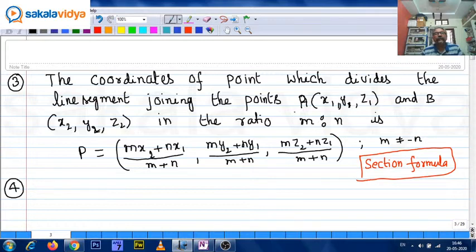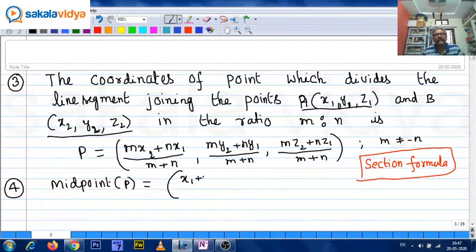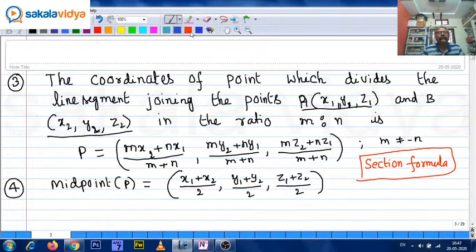The midpoint of the line segment joining the points A(x1, y1, z1) and B(x2, y2, z2), for example P, we can write the coordinates as (x1 plus x2) by 2 comma (y1 plus y2) by 2 comma (z1 plus z2) by 2. This is called the midpoint formula. Right, (x1 plus x2) by 2, (y1 plus y2) by 2, (z1 plus z2) by 2. Okay, that's absolutely correct.